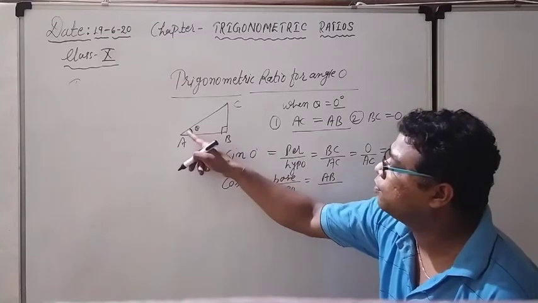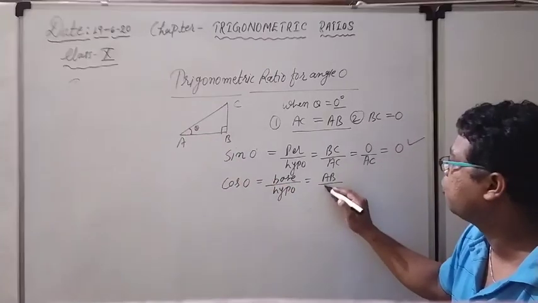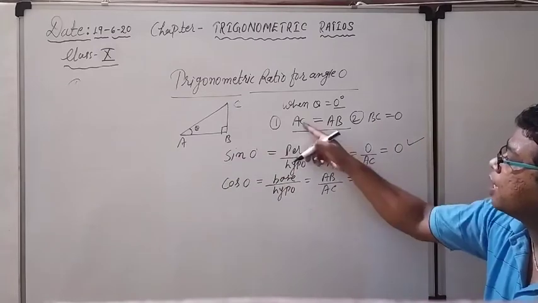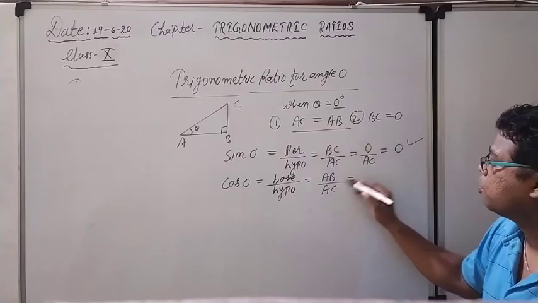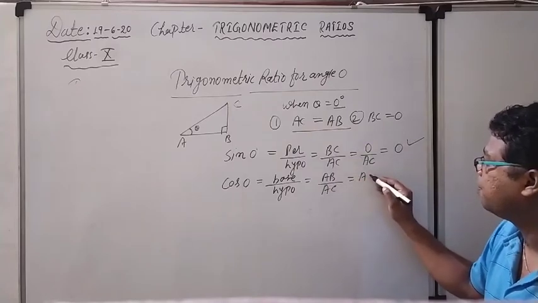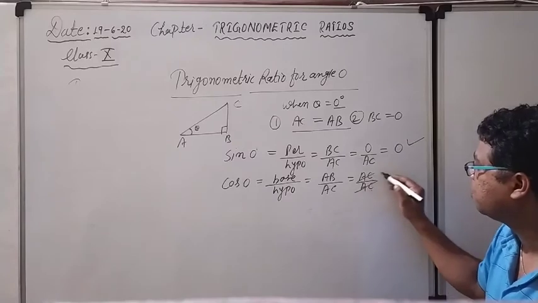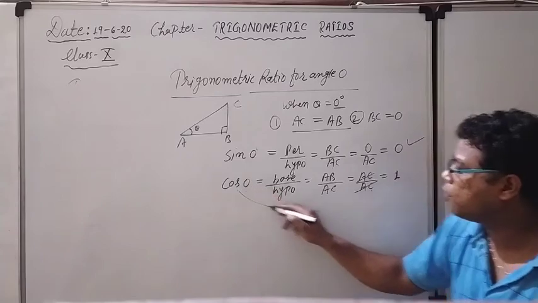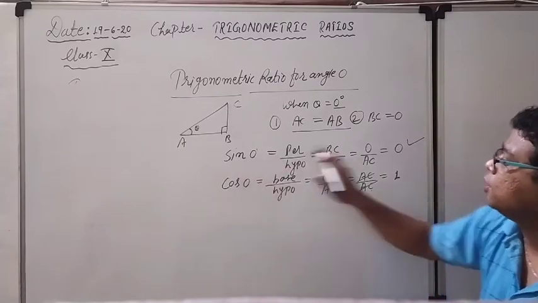Whatever the side which is attached with the particular angle is known as the base. So AB upon hypotenuse, again AC. This AB and AC both are equal to each other, that I have written here. So in place of AB I can write AC also. So this AC and AC both are the same, they will be cancelled with each other and it will give me the value 1. What is the value of cos 0? Cos 0 equal to 1. What is the value of sine 0? Sine 0 equal to 0.